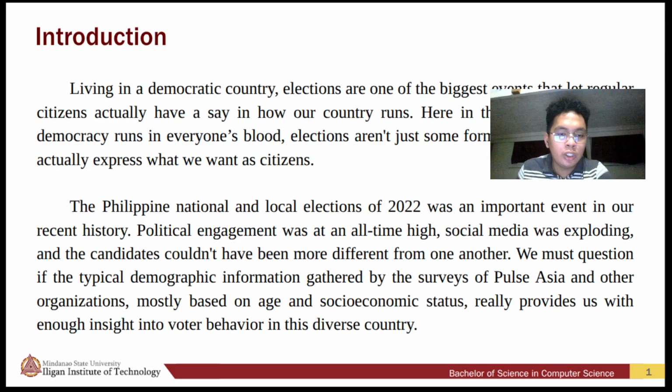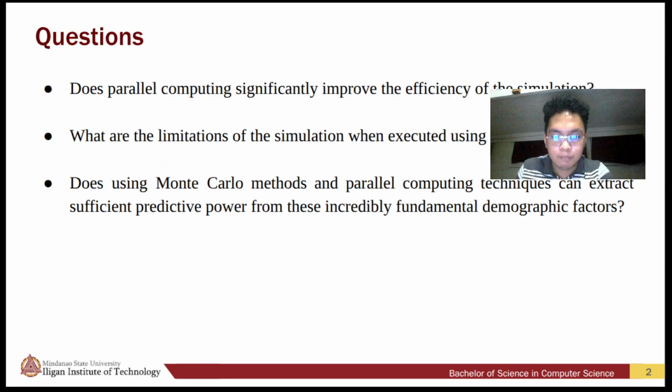They mostly used surveys based on age and socioeconomic status, so these two demographic factors are what I'm going to focus on in this simulation.